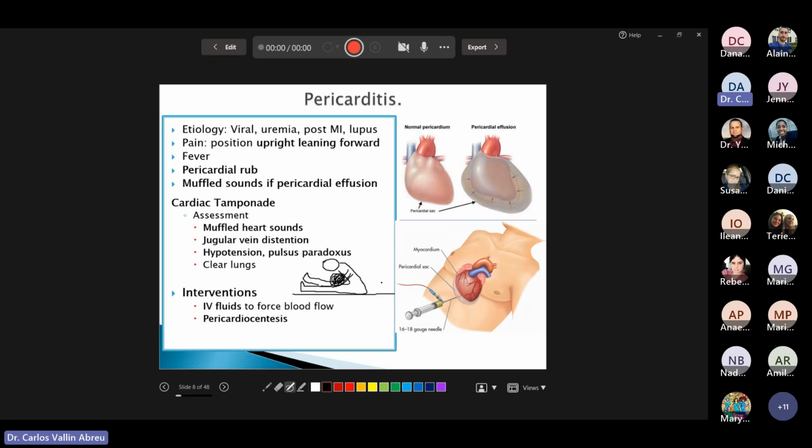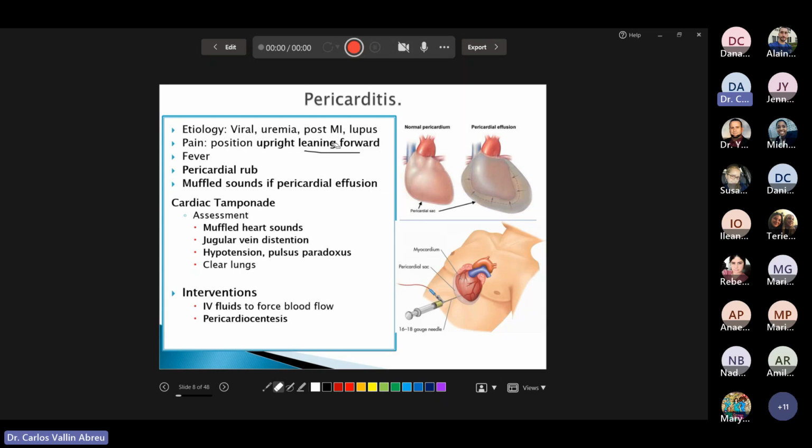If the patient adopts the recumbent position, the pain will be non-tolerable, too strong. So this pain improves leaning forward. Okay, very good. The patient can have fever or not, depending on the cause of the inflammation of the pericardium.